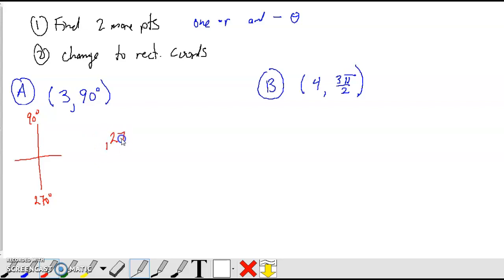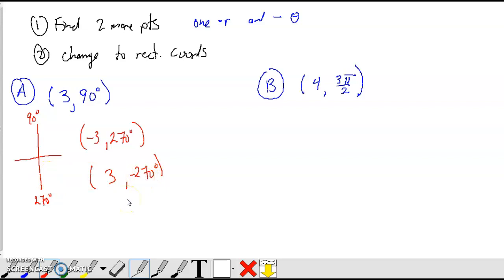If I go 270, I'd be here, but I want to go towards the 90. So I'm going to say negative 3. So negative 3 comma 270. If my theta needs to be negative, I'm going to make that negative 270, and I'm going to go towards it, positive 3.